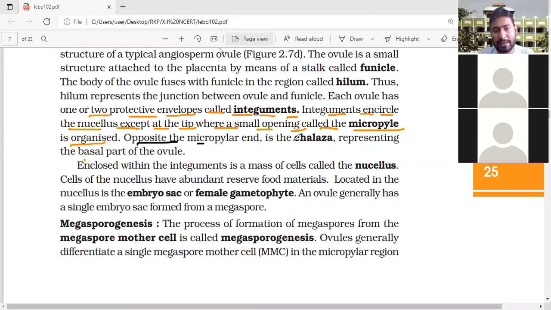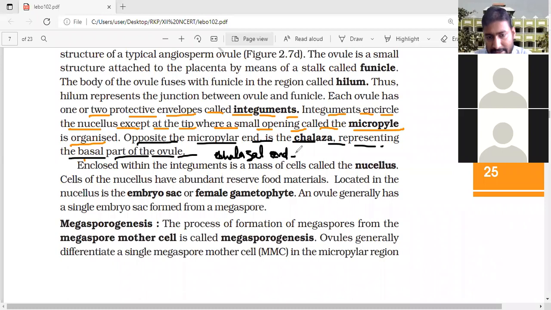Opposite the micropylar end is the chalazal end, which represents the basal part of the ovule. Are you getting it?